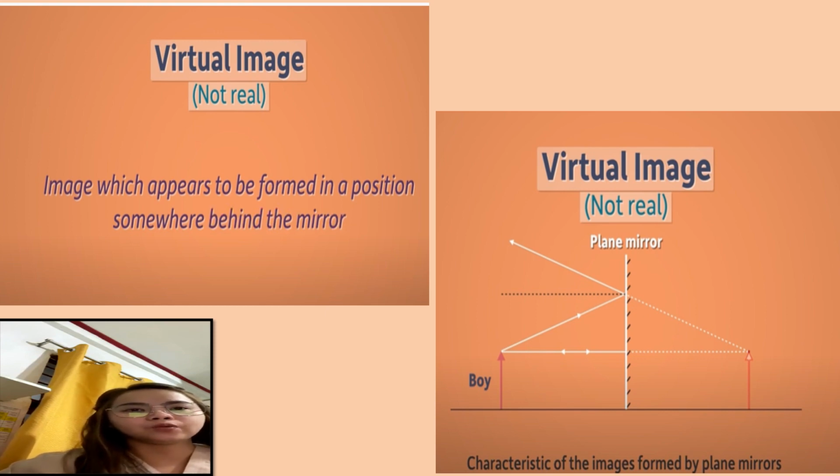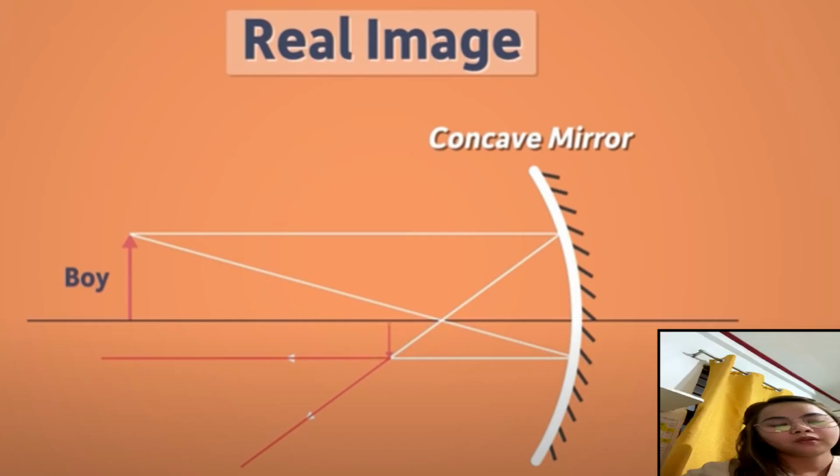That is the reason why it creates a virtual image of you. Last one here, the real image usually happens in a concave mirror because of the converging of the incident rays due to the presence of light.